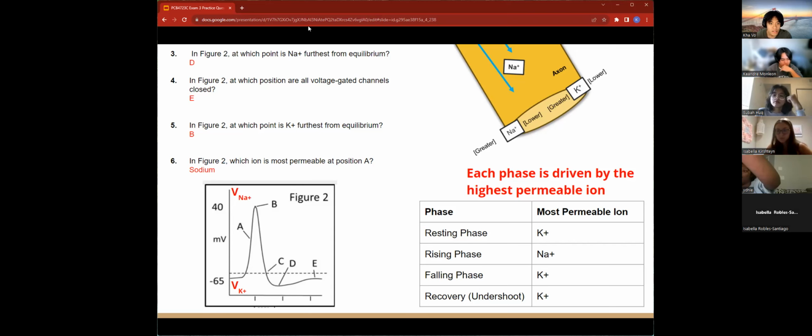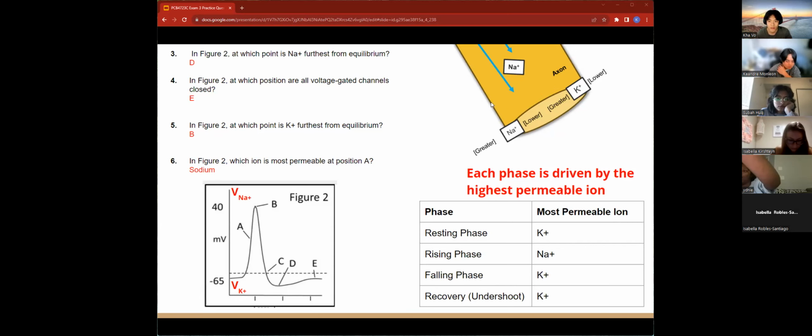Figure 2, which point is sodium furthest from equilibrium? So this question goes back into what Suba was talking about. The Nernst equation tells you what voltage you need for equilibrium to be reached, right? If we knew the concentrations, so this is an example of an axon, for sodium on the left and the right, and also potassium, we would be able to figure out what voltage we would need for sodium to stop diffusing.